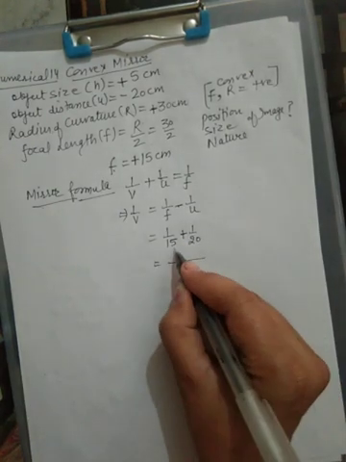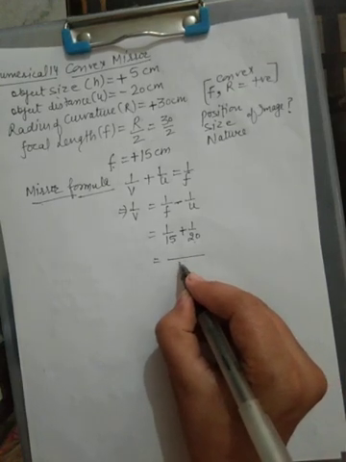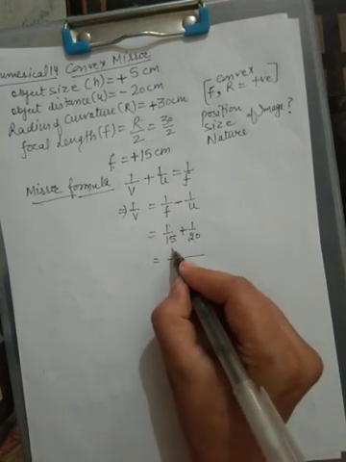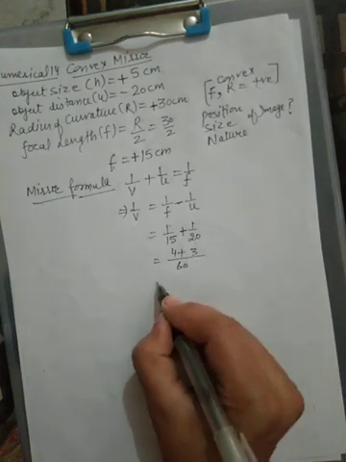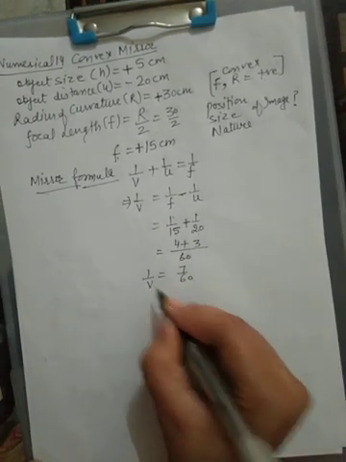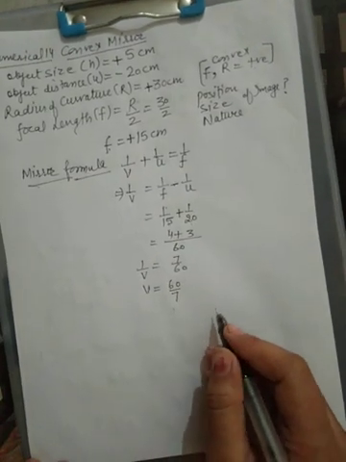What will be the LCM of 15 and 20? Dear, it will be 60. 15 fours are 60, 20 threes are 60. So answer is 7 by 60. But it is 1 by V. What about V? V is equal to 60 by 7.